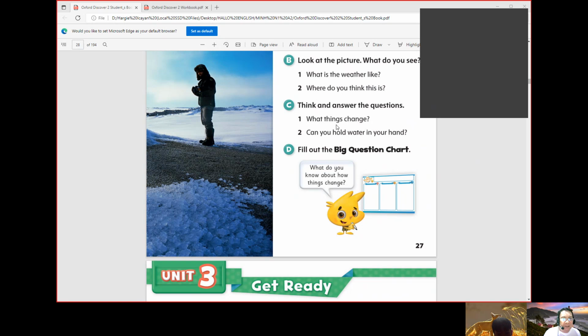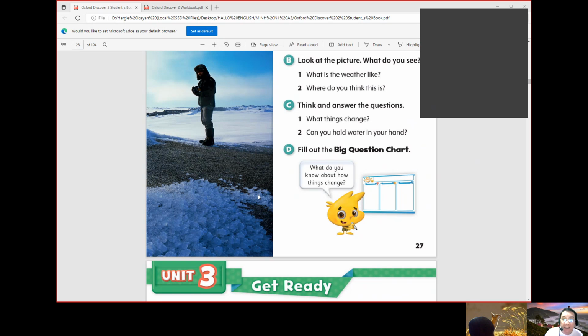So what do you think are the things that can be changed? Okay, ice or snow can also be changed, right? It will transform from solid to liquid. And the liquid can also become solid, okay?